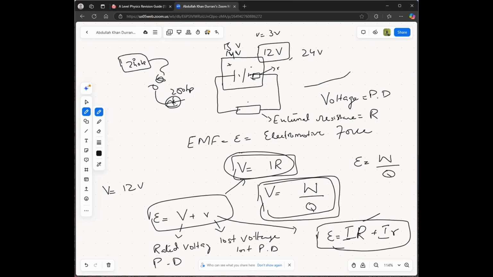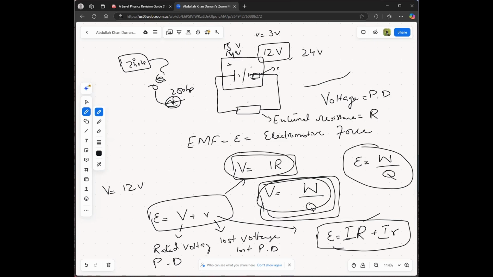So the total work done on a unit charge is EMF. The total work done outside the battery would be this on a unit charge. But if you calculate the total work done inside plus the outside, that would be this formula. So does that make sense? So EMF is basically the sum of the rated voltage, the voltage that goes outside the battery, and the lost voltage.